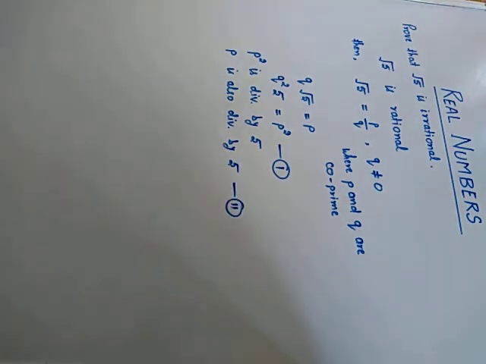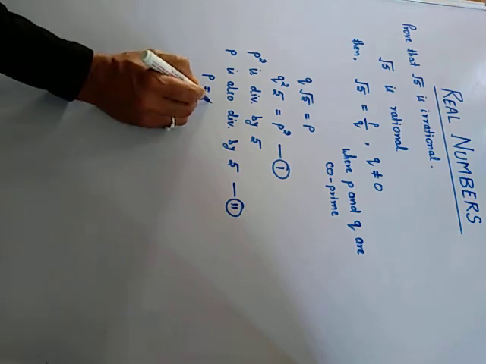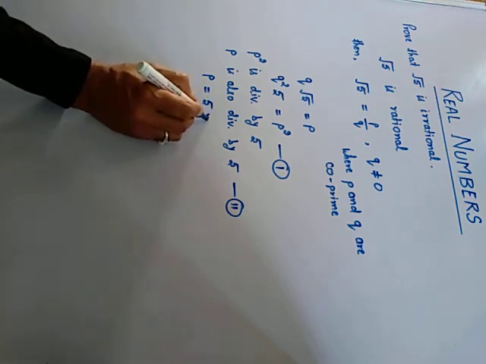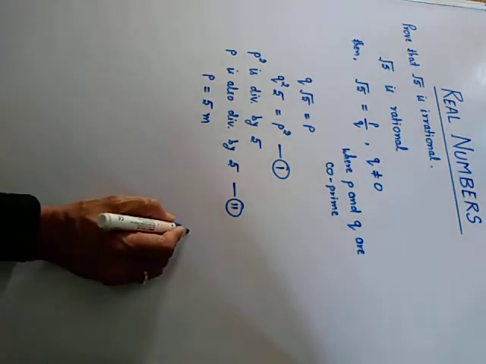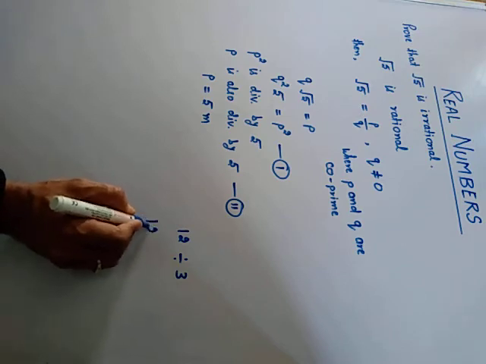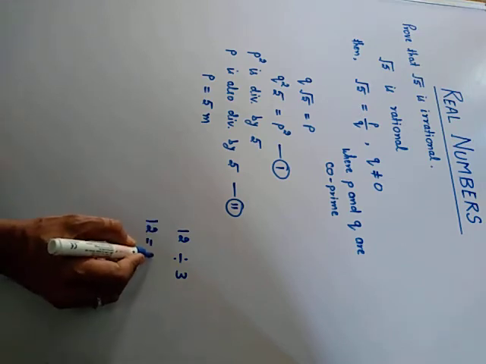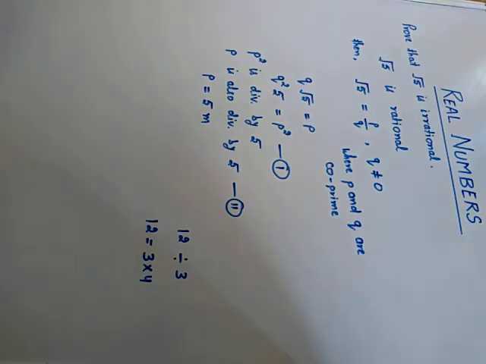Now if p is divisible by 5, so we can write p equals 5m. For an example, if 12 is divisible by 3, so we can write 12 equals 3 into 4, 3 fours are 12.